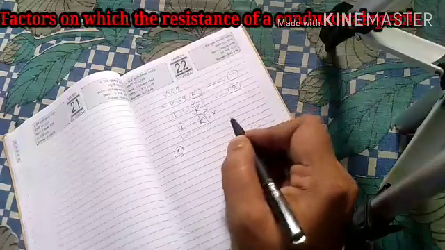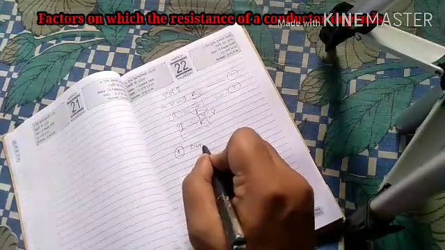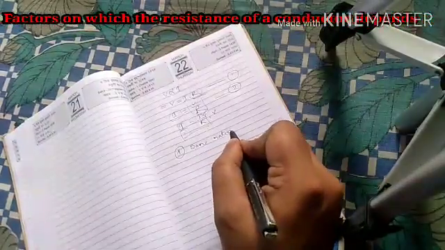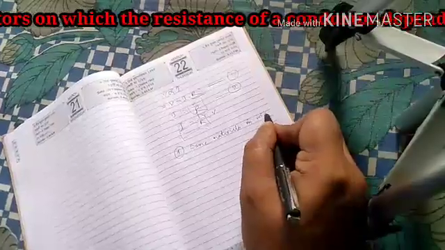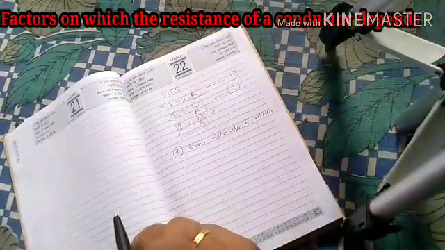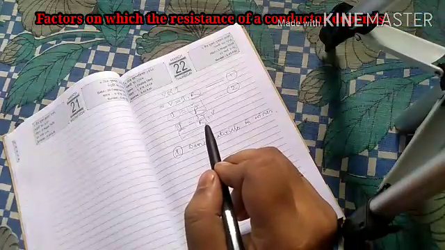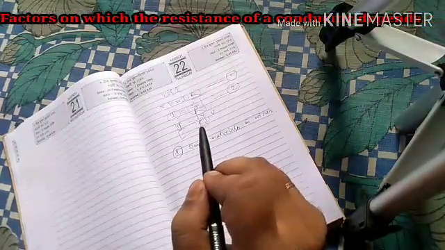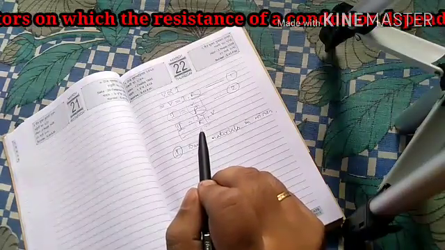So whenever we go for the circuit, we have to think of the same material in the wires. Same material in wires means if the wires are of nichrome, all the wires should be of nichrome metal.